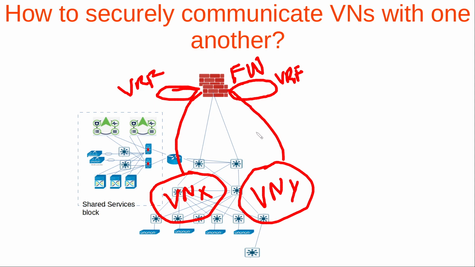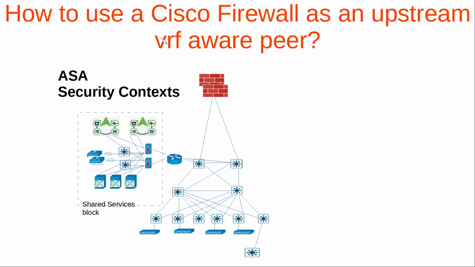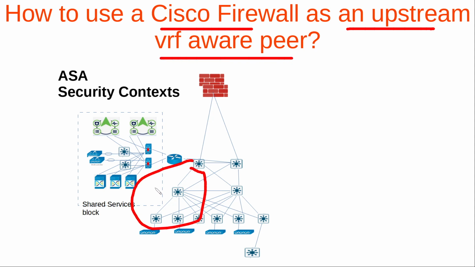And this is the most secure way to do it because you have a firewall doing it. So what if I am using a Cisco Firewall as an upstream BRF aware peer? So I have virtual networks here and I am using a Cisco Firewall here. How do I make this work?